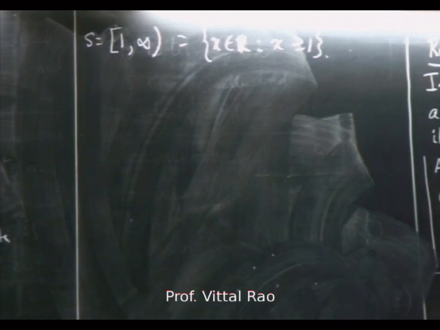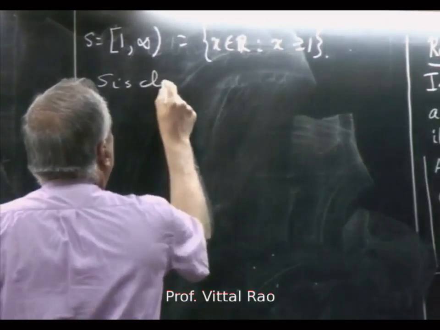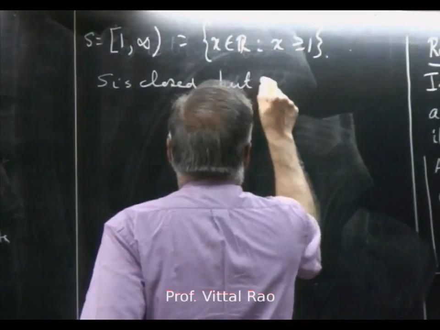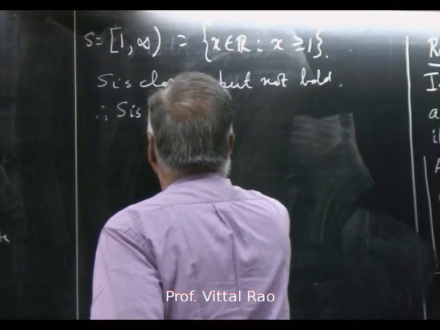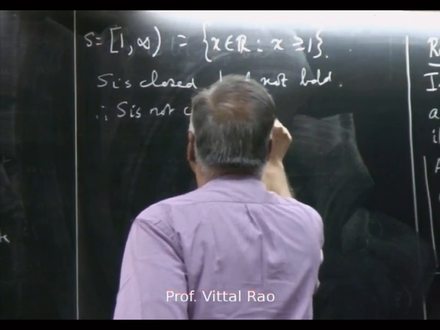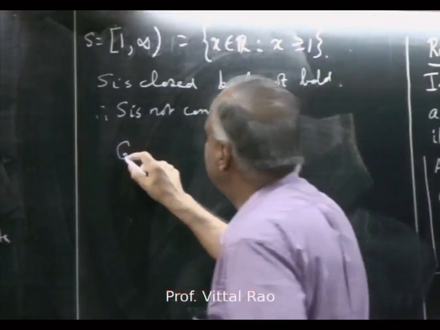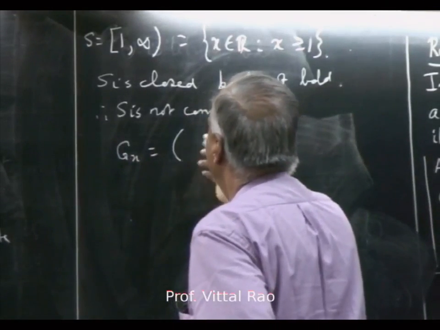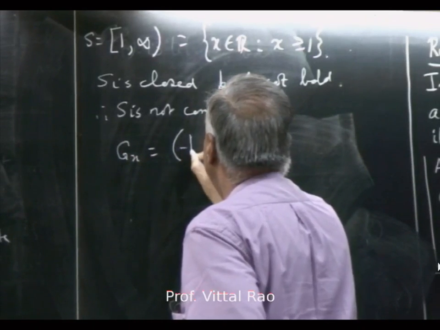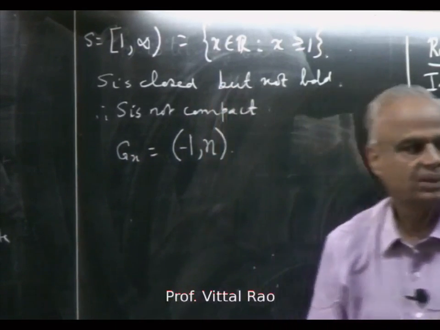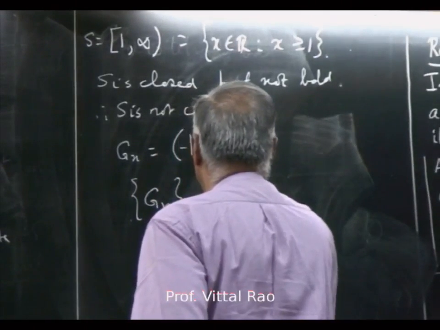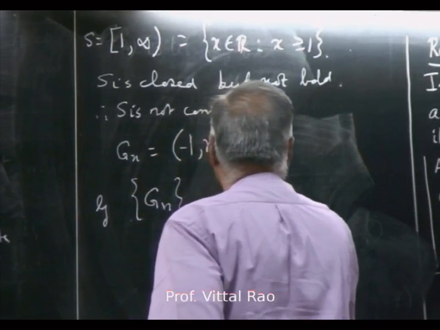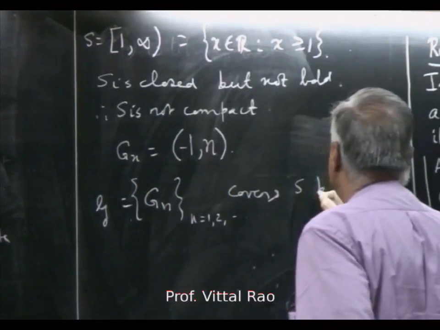So this is closed but not bounded, and therefore S is not compact. Okay. Again consider Gn to be, for example, the interval (minus 1, n). Then Gn, n equal to 1, 2, etc., covers S but has no finite subcover.